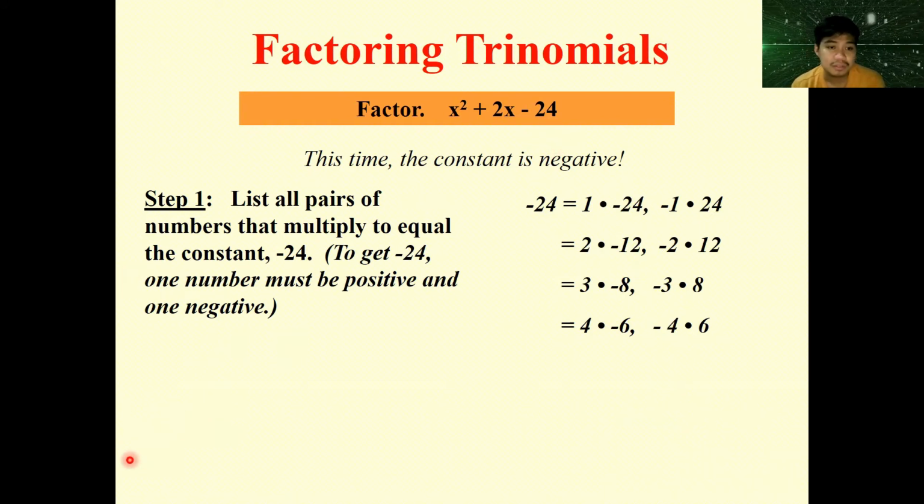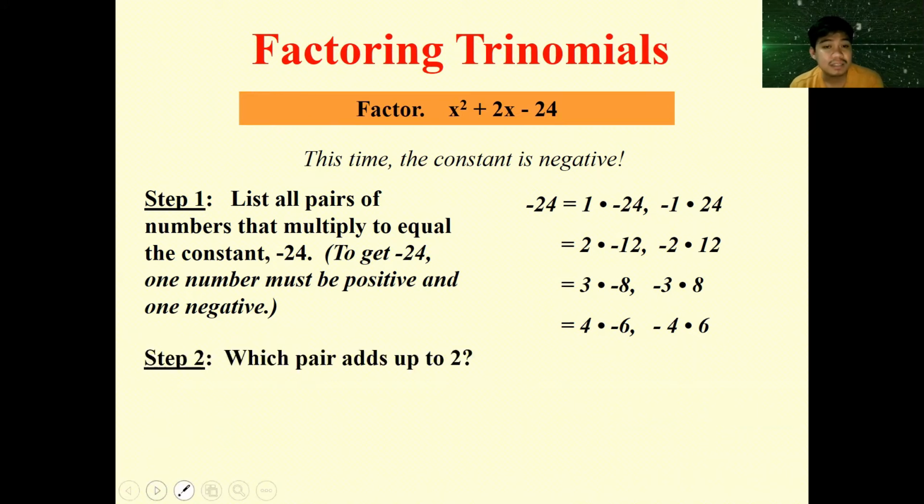So next, step 2 natin, which pair adds up to 2. So ang hanapin natin is yung pares na kapag pinag-add natin, the answer is 2. So check natin. Ang sagot dyan will be negative 4 and 6. Kasi yung 1 and negative 24, negative 23 yan.